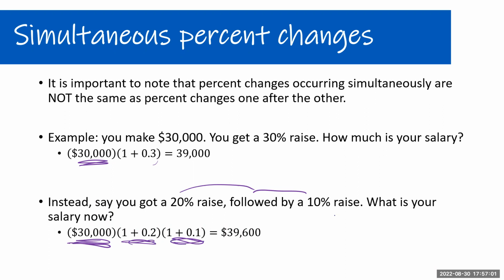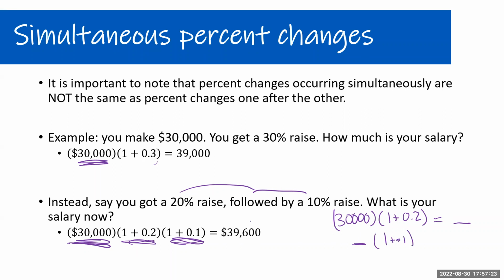And you could break this down into steps too. If you did 30,000 times 1 plus that 20% and got this, then you multiplied that times 1 plus 0.1, you'd get the same thing, okay?